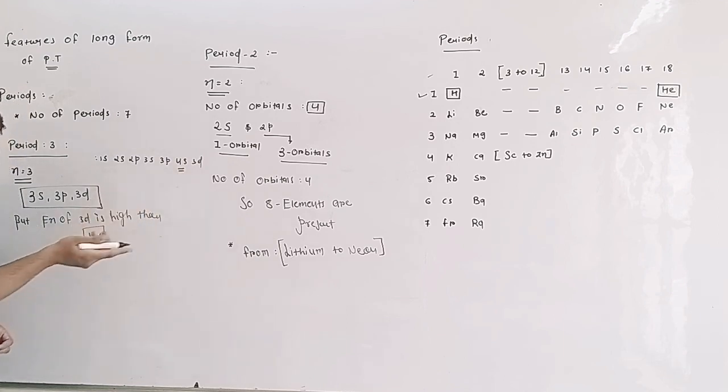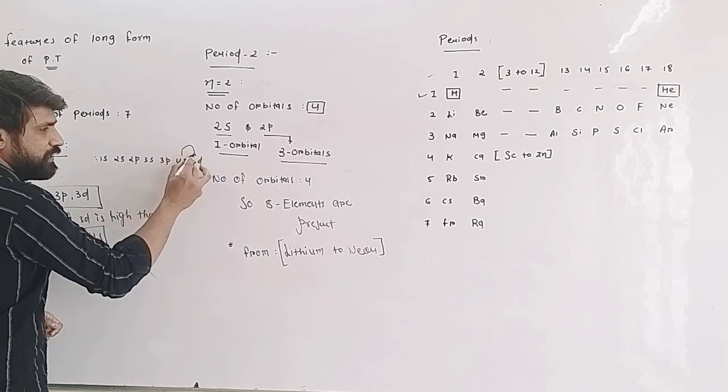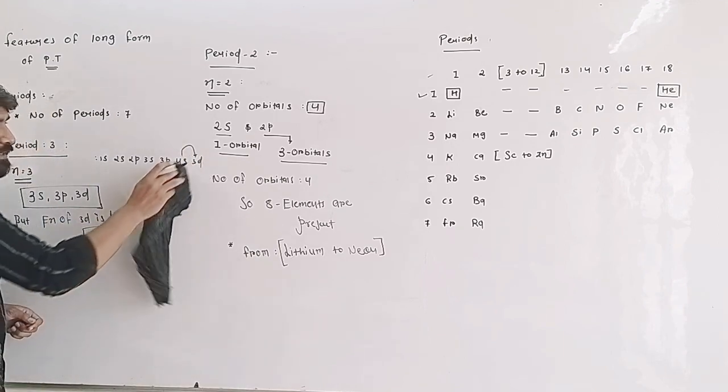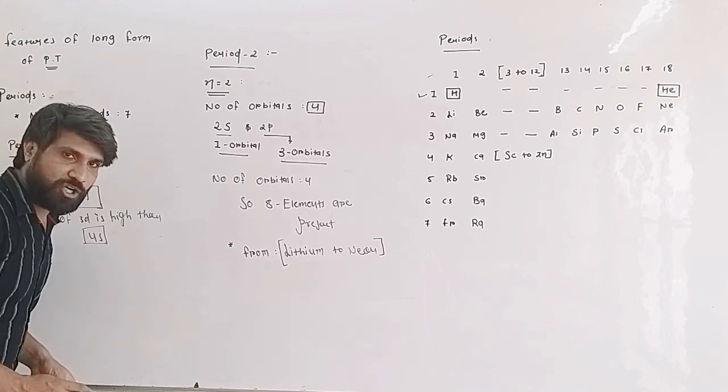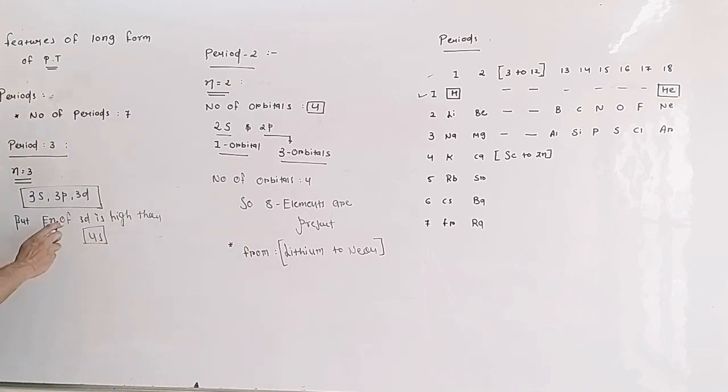First we filled electrons in 4s, then switched to 3d. That is the order according to Aufbau, but we will learn that in atomic structure. So you have to just remember the energy of 3d orbital is higher than 4s. That is why 3d is not considered over here.